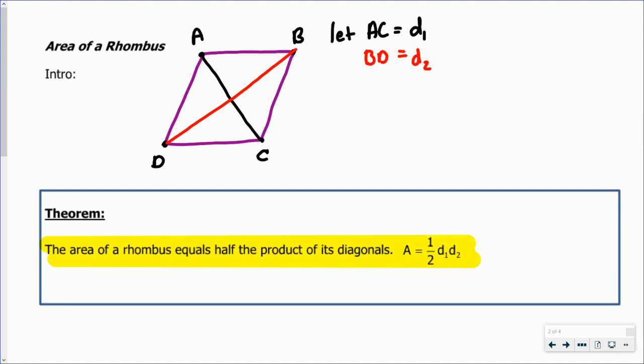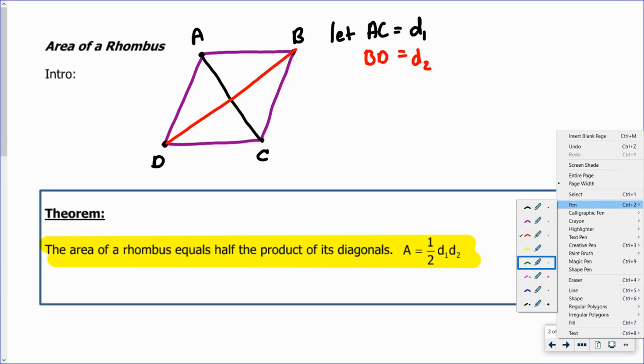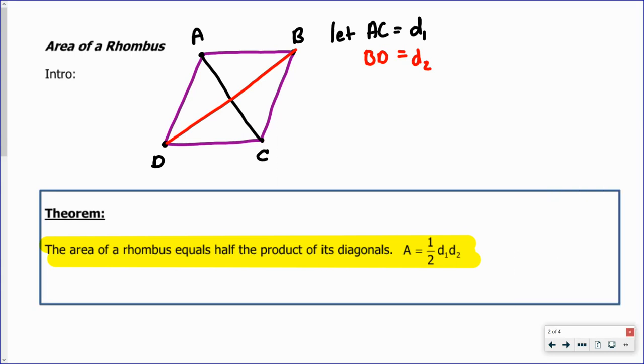All right. Now there's a couple properties that you need to understand here. One is that the diagonals of a rhombus are perpendicular, and that they bisect each other. So that's congruent, and that's congruent right there. So far, so good.